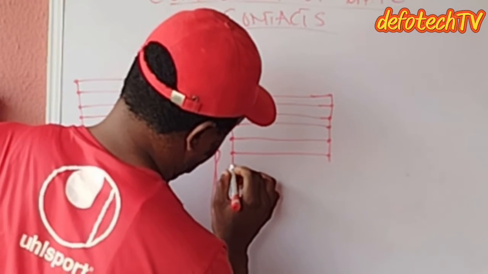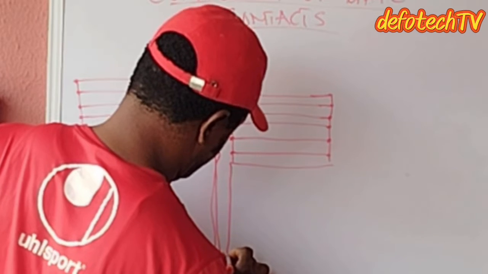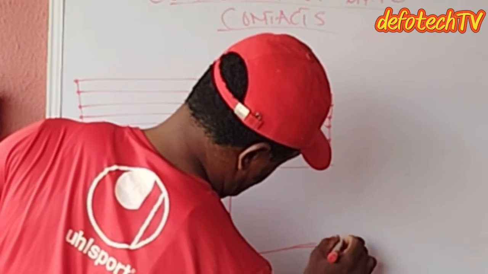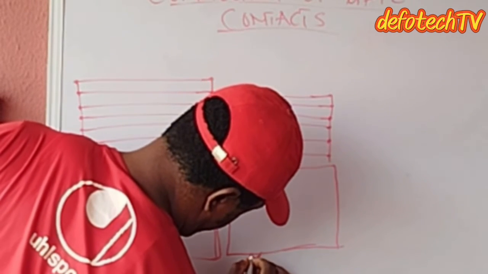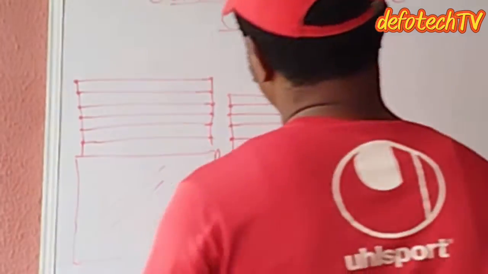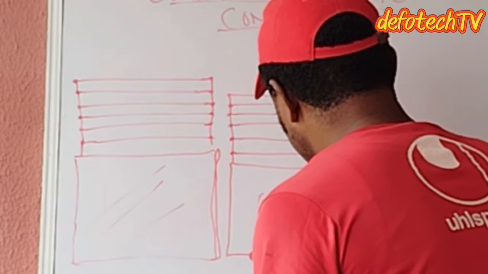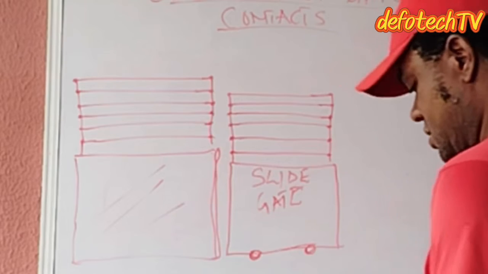Okay, this is our slide gate. Let's say we have our wheel here. Now, this is your gate. Let me just put a slide gate.